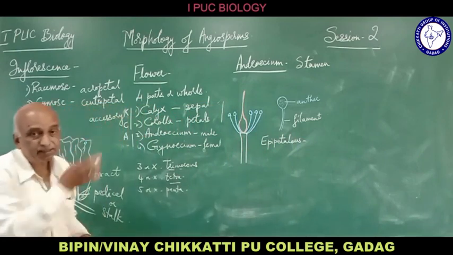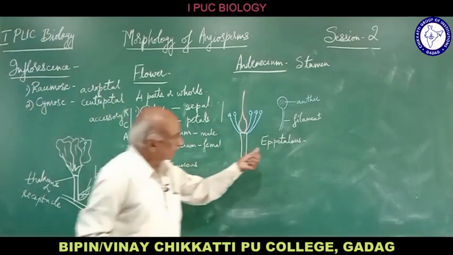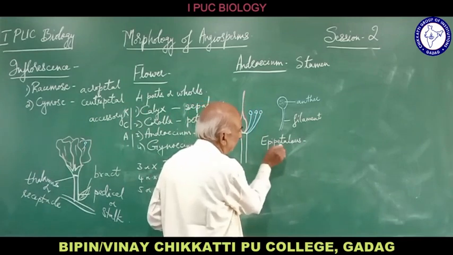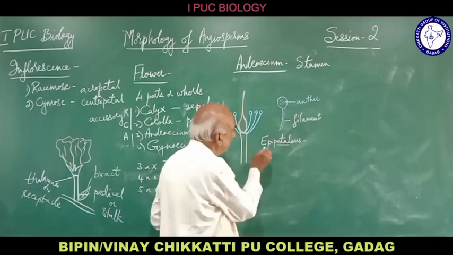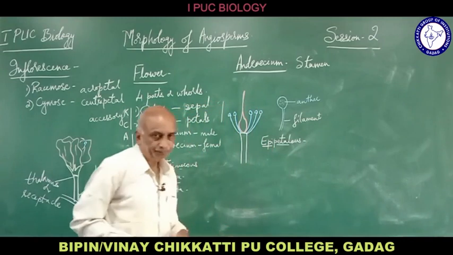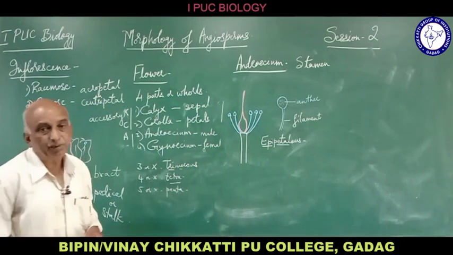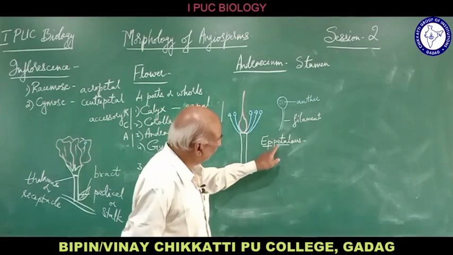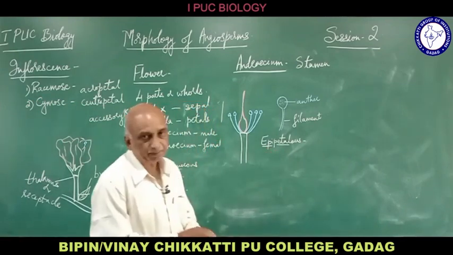Epipetalous stamens means the stamens which are borne on the corolla or the petals. Epi means above, hypo means below. So when the stamens are borne on the petals, it is called epipetalous.